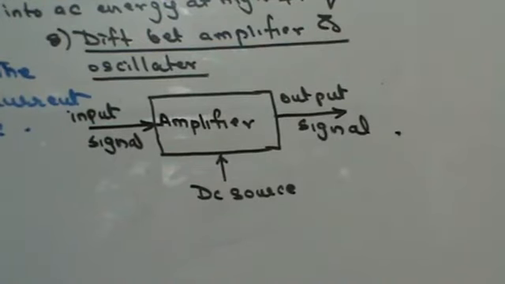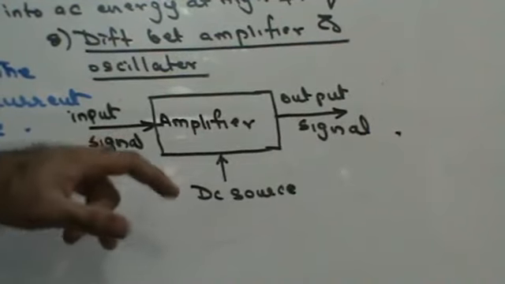So what is an amplifier? An amplifier takes energy from the DC source and converts it to AC energy at the frequency of the AC input signal. That is, in an amplifier circuit, the frequency, waveform and the magnitude of AC power generated is controlled by the AC input signal.